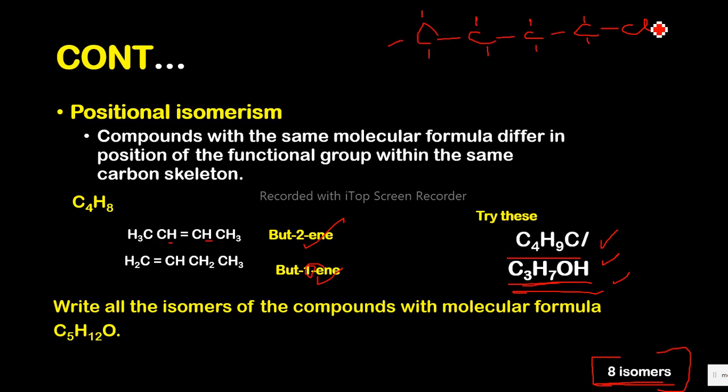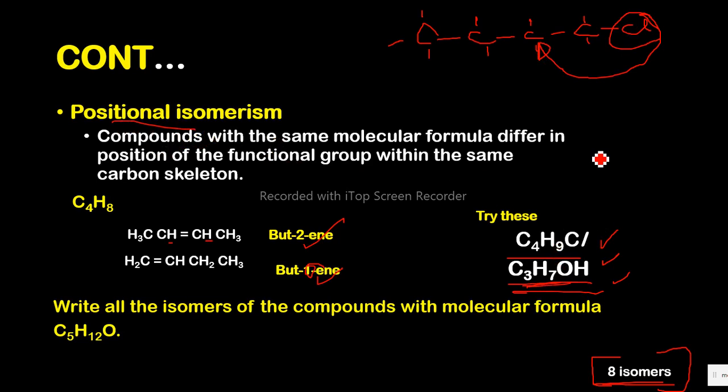If I change this Cl and put it here on carbon number 2, it becomes 2-chlorobutane. Can I shift it anywhere? Obviously no. Because the chlorine atom is shifting position, and the chlorine is the functional group here, then it becomes position isomerism.